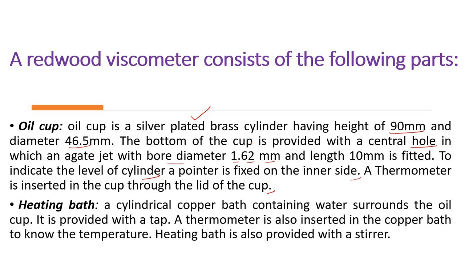Then a heating bath. It contains water. The oil cup is kept in the heating bath. The heating bath is provided with a tap. A thermometer is also inserted in the copper bath to know the temperature. The heating bath is also provided with a stirrer to attain uniform temperature.